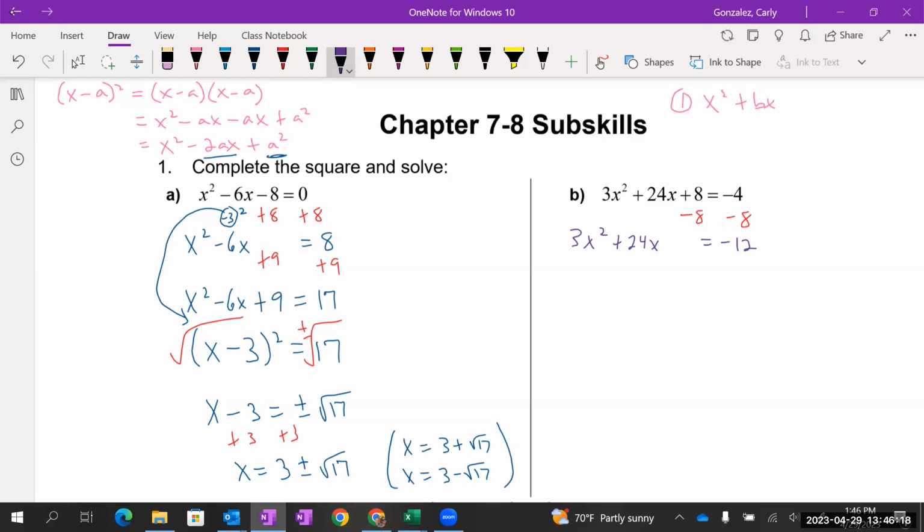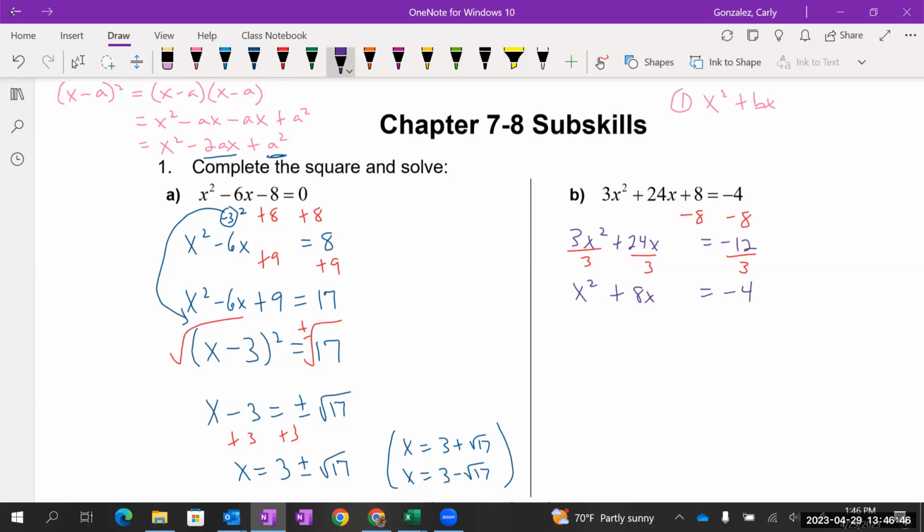And I only want an x squared when possible. Because I have an equation, I can divide both sides by 3, which means I divide each and every term by 3. Now I have x squared plus 8x, leave a space, and that will equal -4.